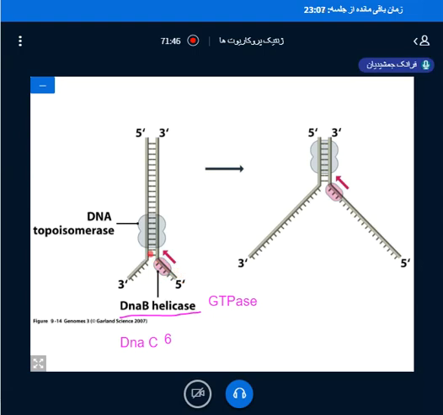So, in which strand, leading or lagging? What is this strand? Leading or lagging? You know this?